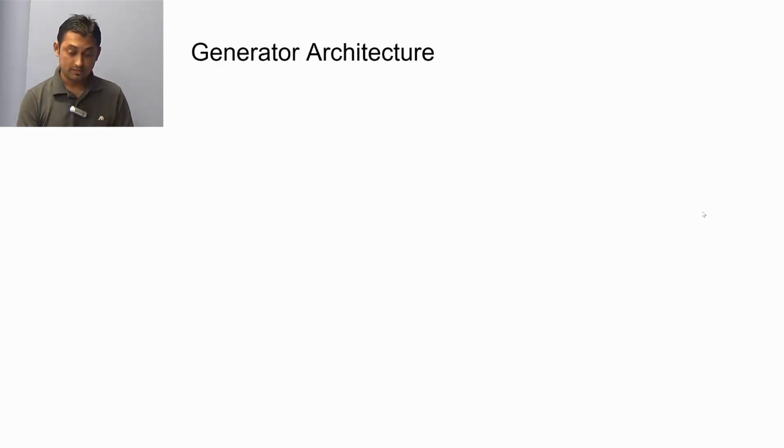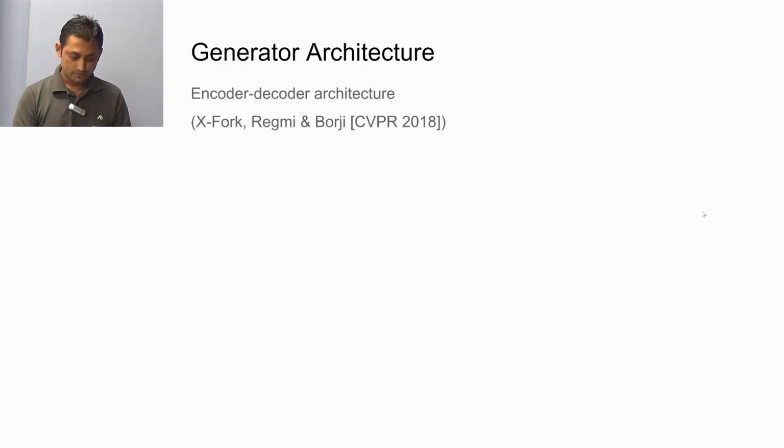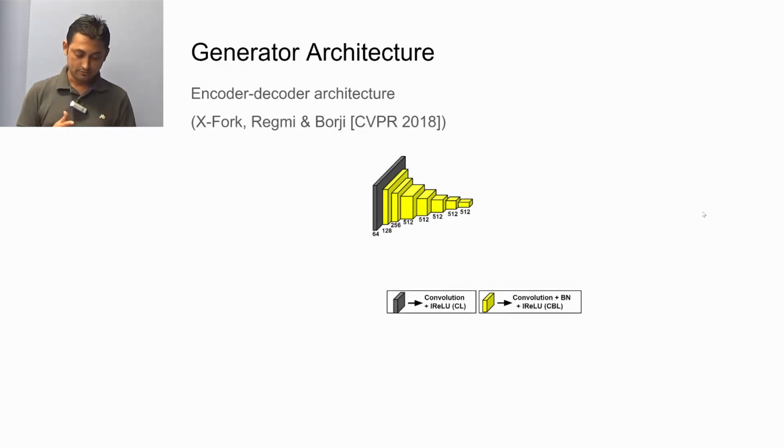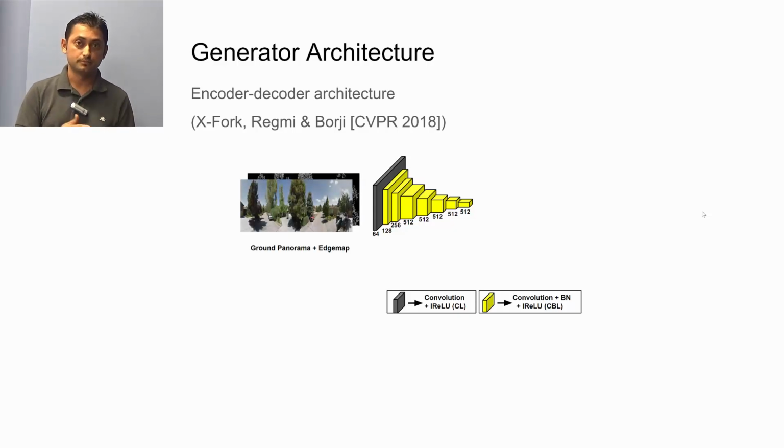So let's look at our generator architecture. The generator architecture is an encoder-decoder type architecture which is inspired from the X-Fork network from our previous CVPR paper. The encoder is shown here, which has the following layers, and it learns the representation for the input images. In the bottleneck, we have the features that go through two branches.